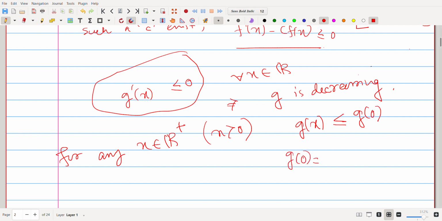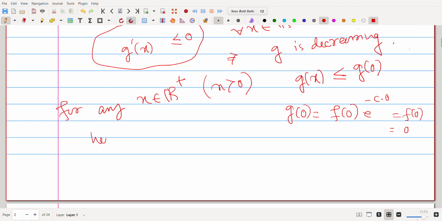Now g of 0 equals f of 0 times e to the power minus c times 0, which is the same as f of 0, and by the given condition f of 0 is 0. So hence g of x is less than or equal to 0 for all x greater than or equal to 0.